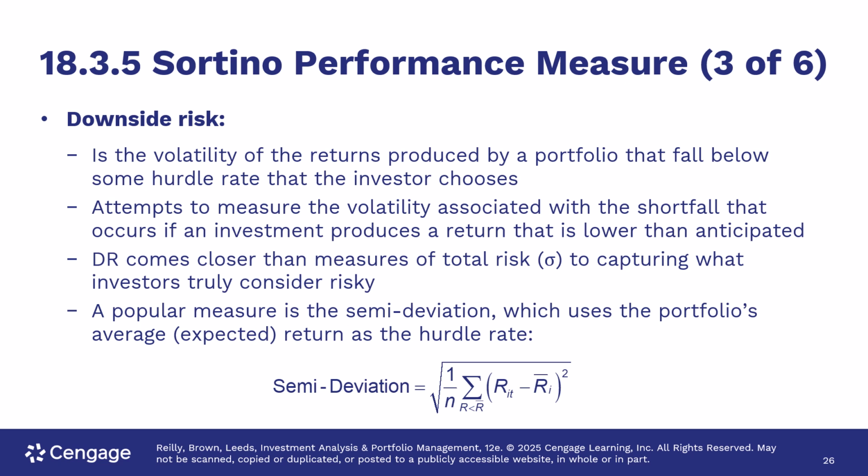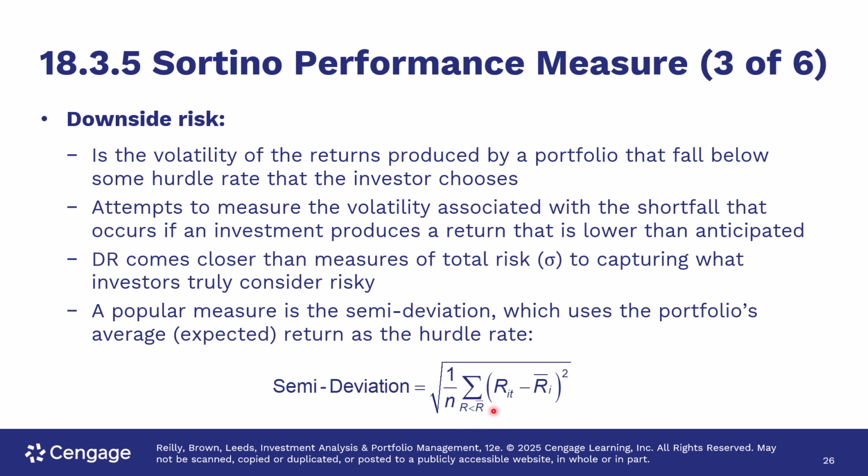All right, so downside risk, that's the scary stuff. It's the low returns. It's the returns below some hurdle rate that the investor chooses. This is how we will compute it. Semi-deviation equals the square root of 1 over n times the summation of all returns that are less than the average return. So you see this? We're only including the returns in the sample that are less than R bar, the average return.